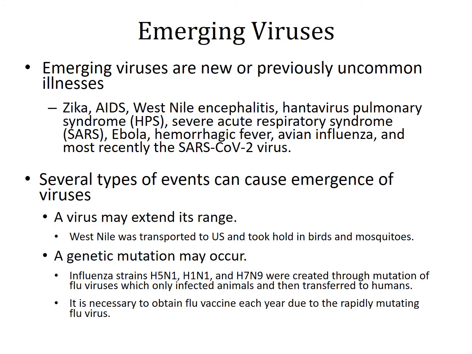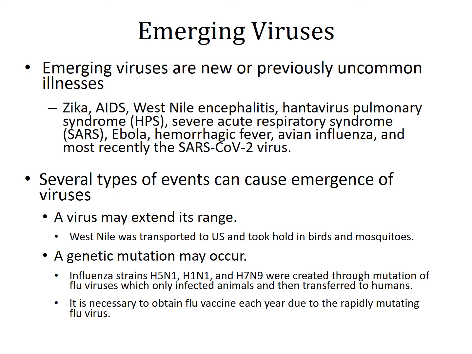Emerging viruses are new or previously uncommon viruses, and there are a ton of examples of emerging viruses, and there are a lot of reasons why emergence of viruses can occur. Sometimes a virus may extend its range of recognition, like when West Nile was transported to the US and took hold in birds and mosquitoes.